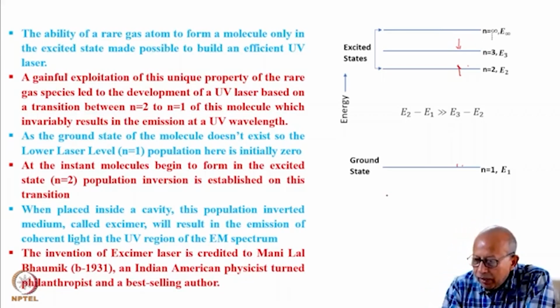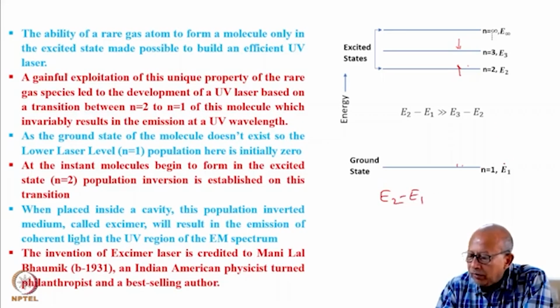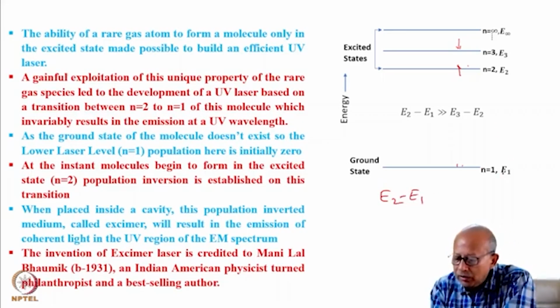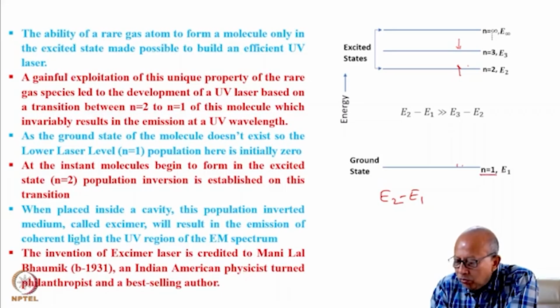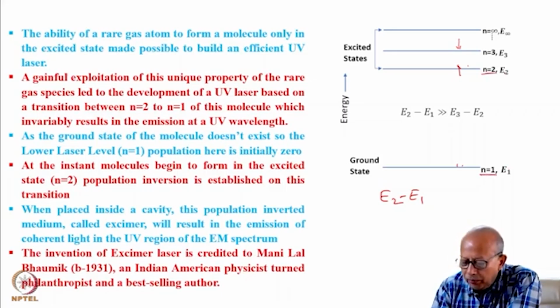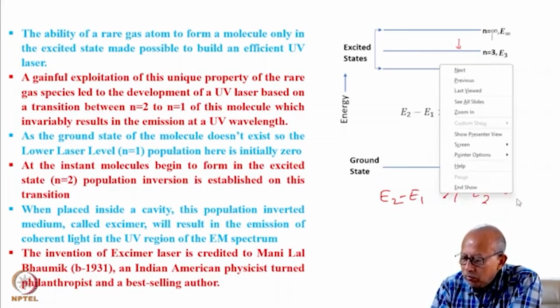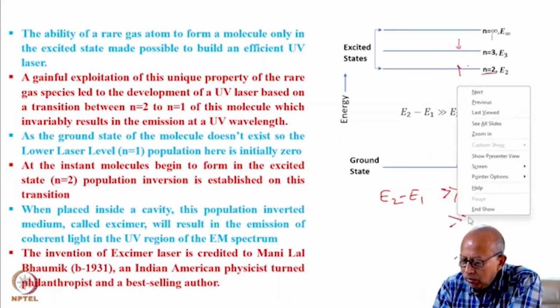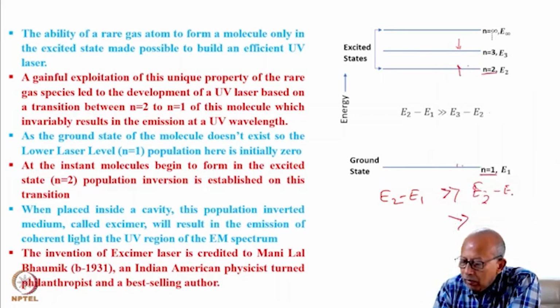That means E2 minus E1, where E1 and E2 respectively are the electron's energy at the n equal to 1 orbit and n equal to 2 orbit, is much more than E3 minus E2, which is again much more than E4 minus E3, and so on.